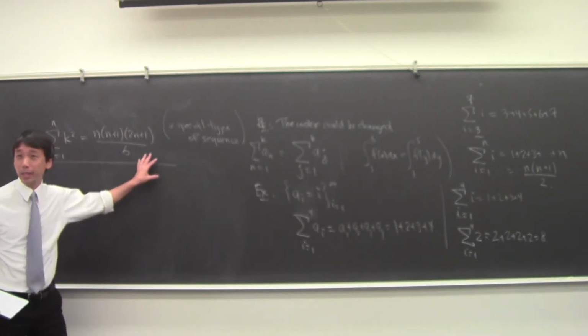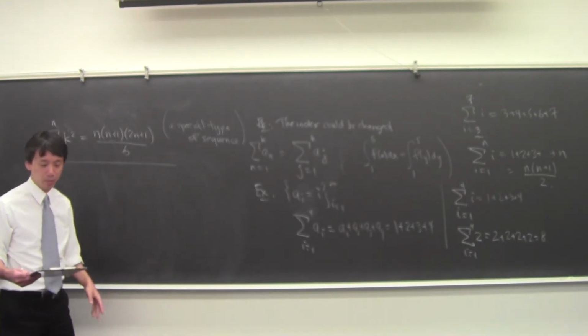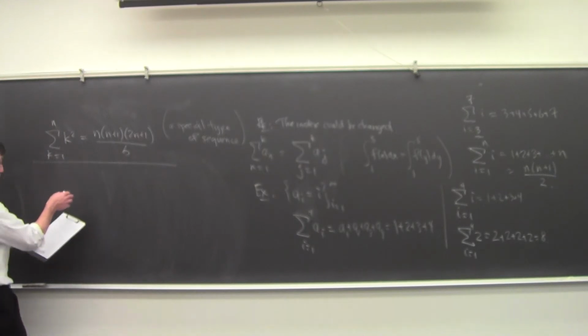Okay, so is everybody getting a sense of what sigma notation is, and how you can use it? Let me just say one thing, and I'm not sure we're going to need this.